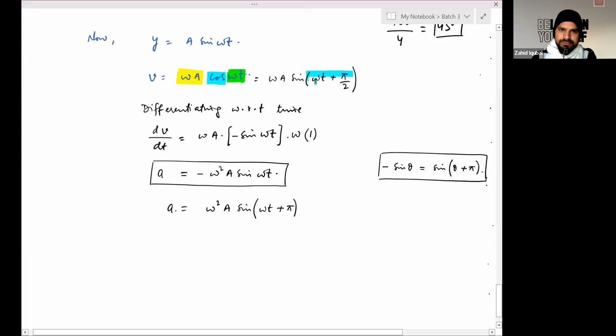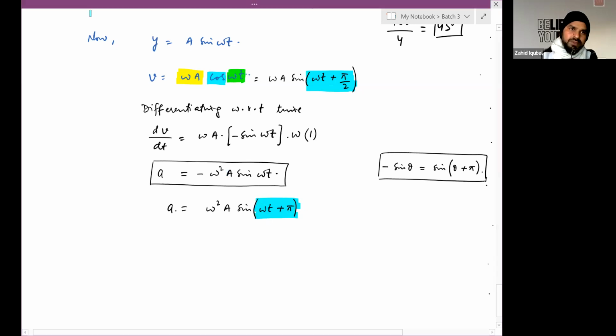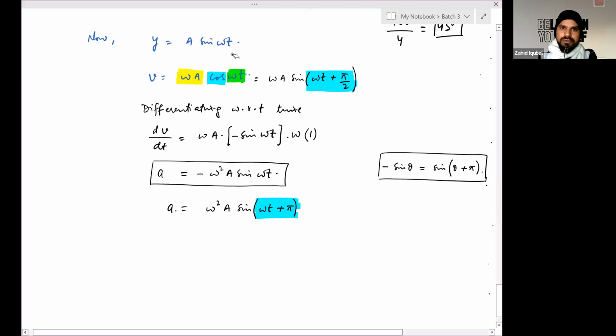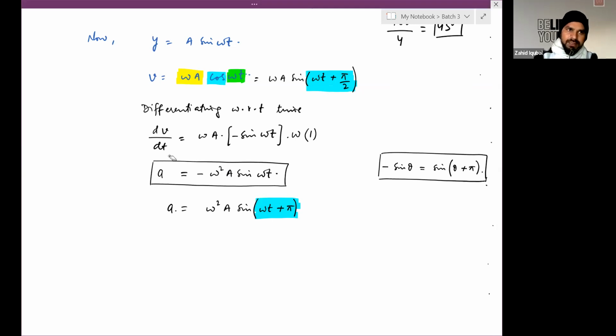this is for velocity and this is for acceleration. So for displacement, we have just omega t, but for velocity, we have omega t plus pi by 2. And now for acceleration, we have omega t plus pi, all having the same function, sine.